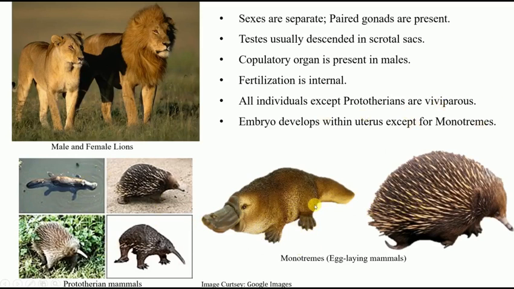The rest of the mammals are viviparous, and in viviparity the development of the embryo takes place within the womb, or uterus, of the female, which is responsible for forming the placenta that gives nourishment to the developing embryo. This is the most general feature you will find among mammals. So this is about the general salient characteristic features of the class Mammalia.